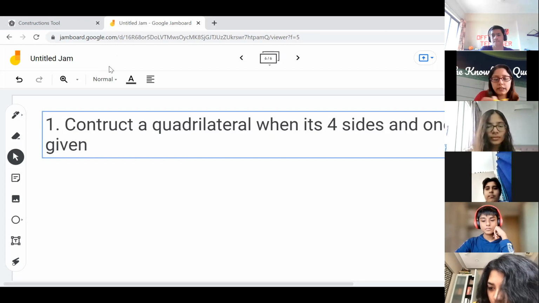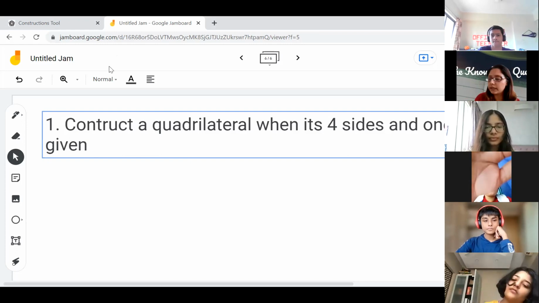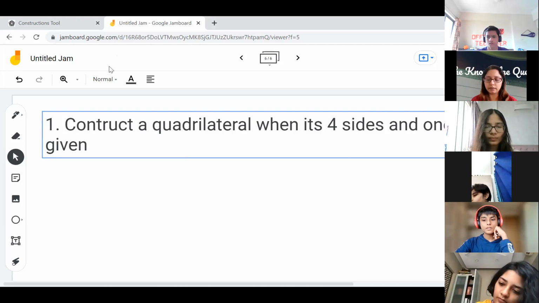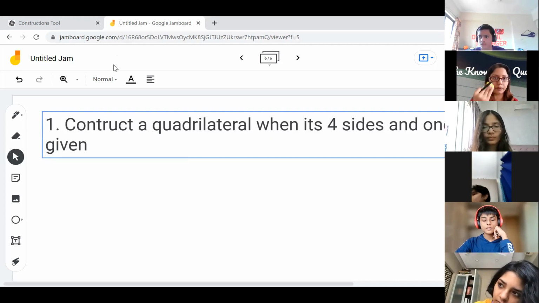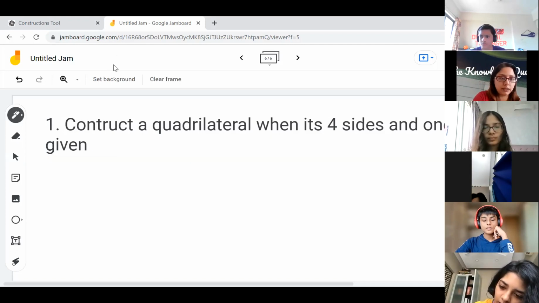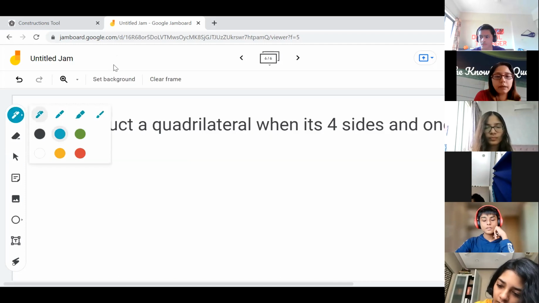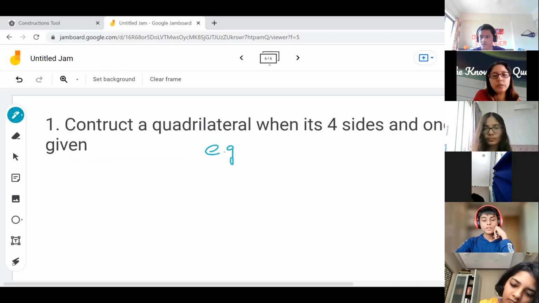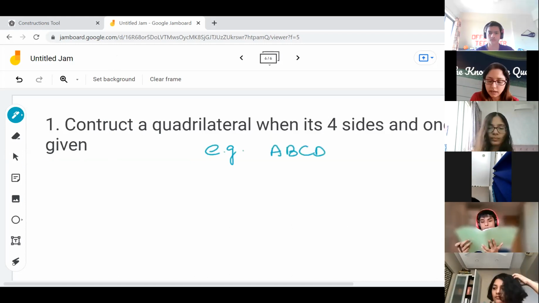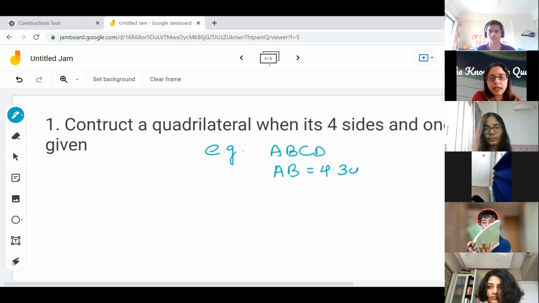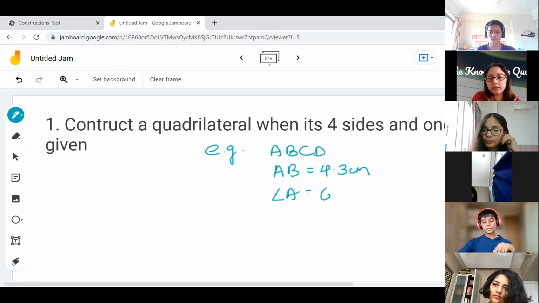Okay, so let's take our example. हम क्या construct करेंगे? हम construct करेंगे एक quadrilateral, so basically this is the type. अब इसमें आपको कुछ measures दिए हुए रहेंगे. In the example, what you will be constructing today is a quadrilateral ABCD. AB is 4.3 centimeters. Angle A is given as 60 degrees.